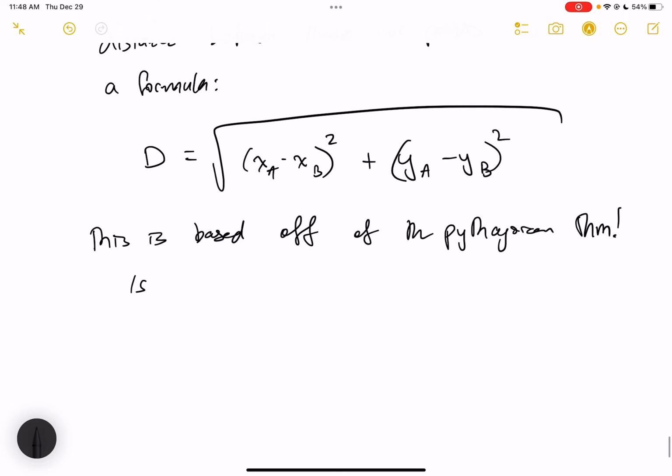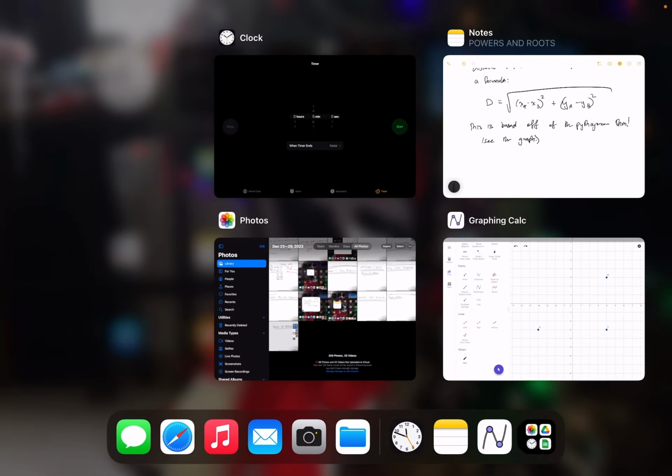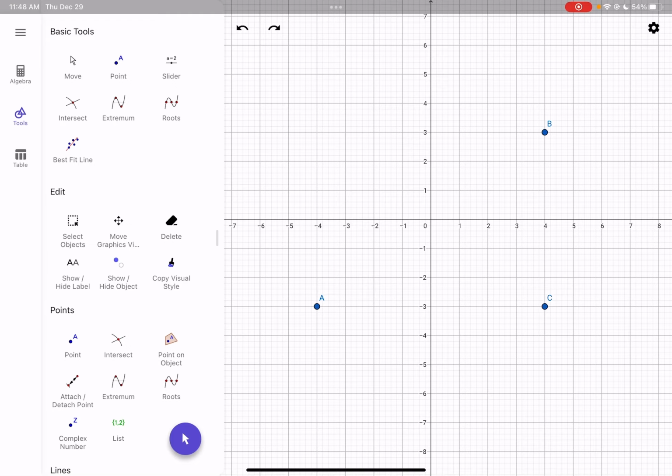So now we're going to see the graph in this case. What this amounts to being is as follows. I've drawn out a set of points over here. We're looking for the distance between A and B. I'm going to draw out that line right here, very roughly, not to scale.